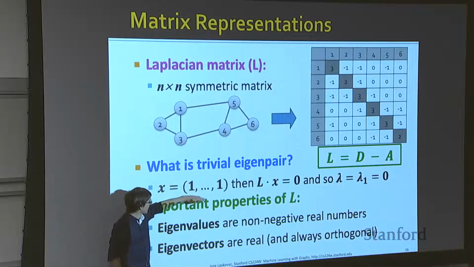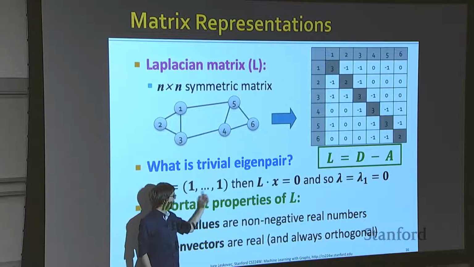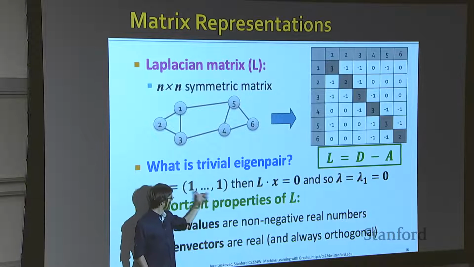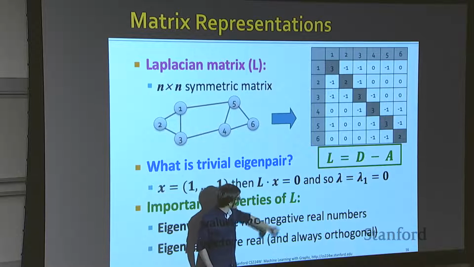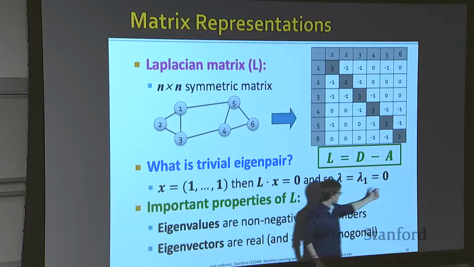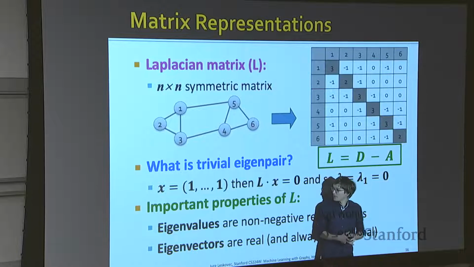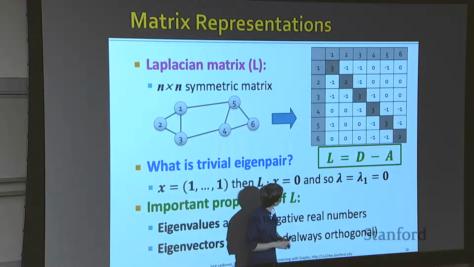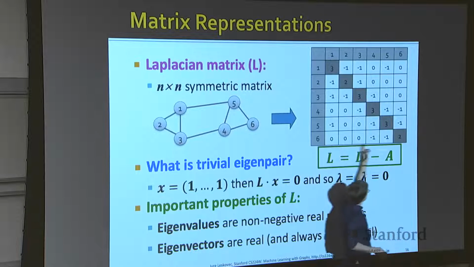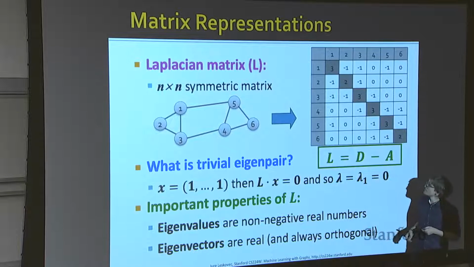What are the important properties of the Laplacian matrix? The first important property is that the trivial eigenvector, the vector of 1, 1, 1, 1, is an eigenvector with the corresponding eigenvalue of 0. Why is that the case? Because every node is summing the values of its neighbors.